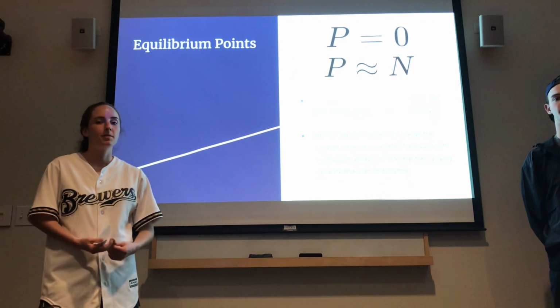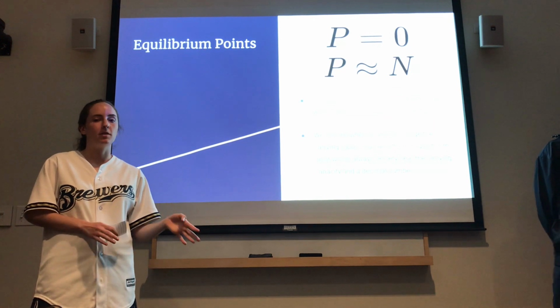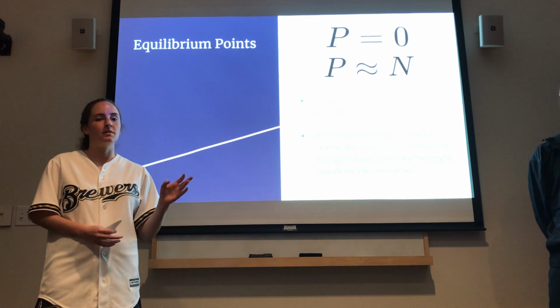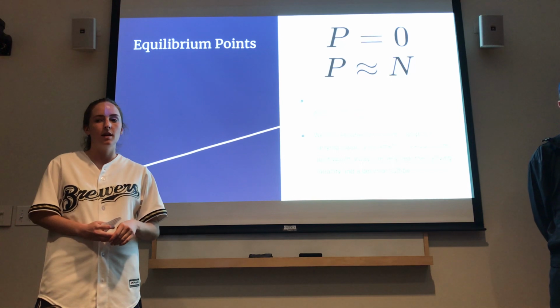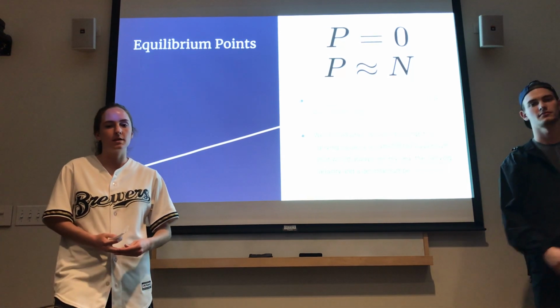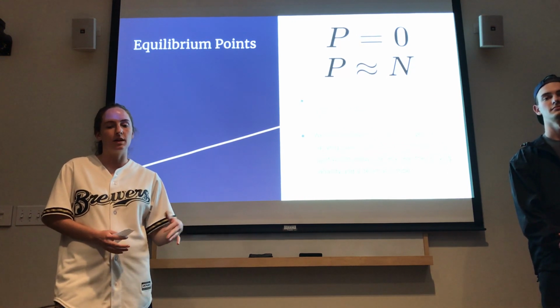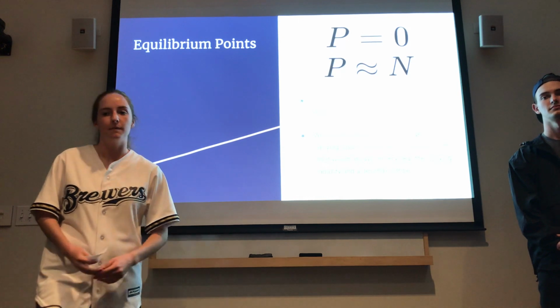So the equilibrium points that we found for our population model were when the population is 0 and when it is very close to the carrying capacity. And then we noticed that with a change in the carrying capacity parameter, the equilibrium point would be very near the carrying capacity and would be a decimal number.